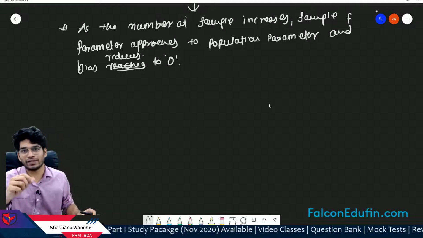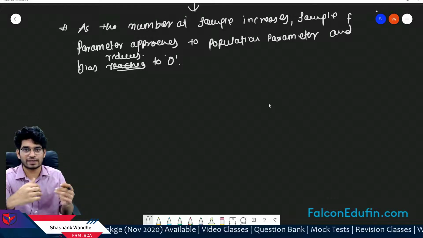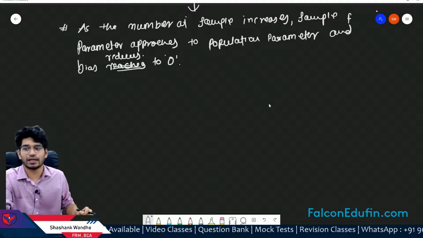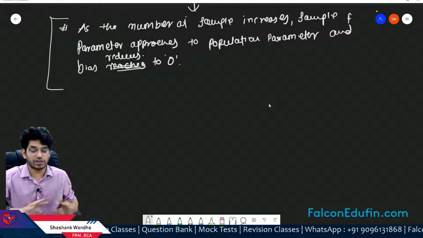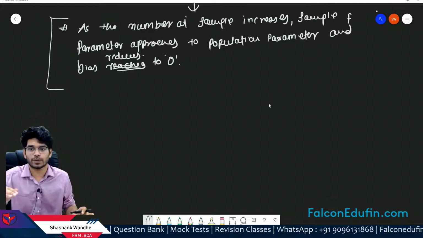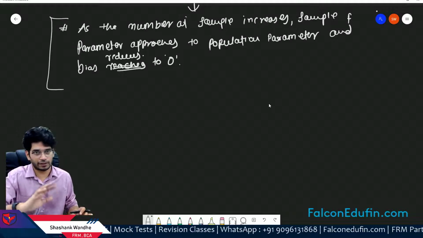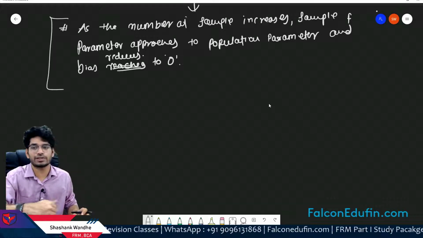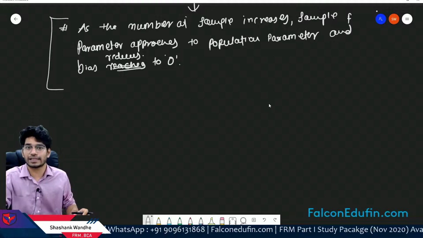We discussed a similar concept, what is a consistent estimator, where the accuracy of the estimator increases. Now the same statement is written in this format, and there is no word accuracy used here. That's why I give you the specific statement you are supposed to remember, because if a question comes in the exam, GAF will try to use this type of statement instead of improves accuracy. But improves accuracy is easy to understand.